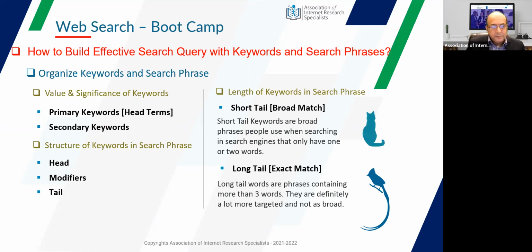These different terminologies come in handy when we are delegating search to our colleagues, emphasizing what words or combination of words should be considered primary, and how the individual search phrase can be split up into more components like heads and modifiers and tails.